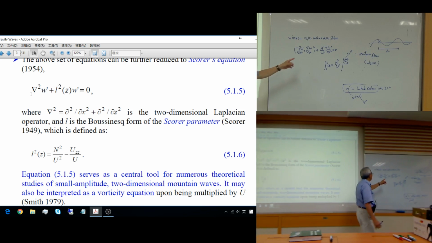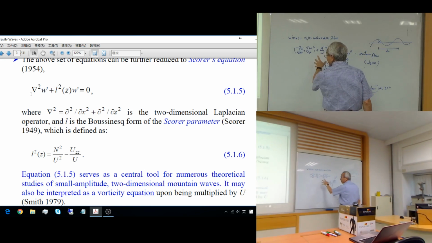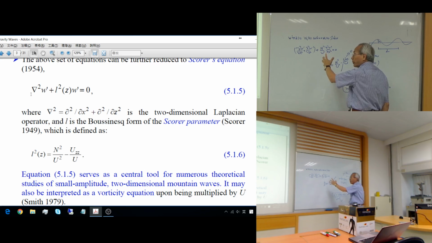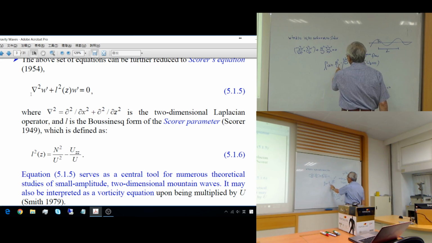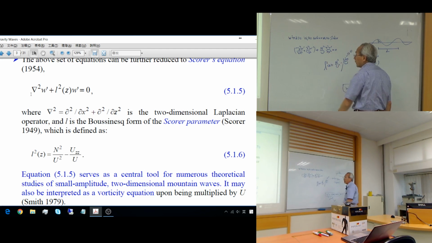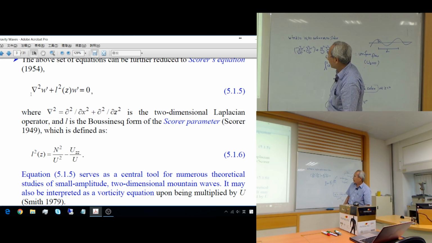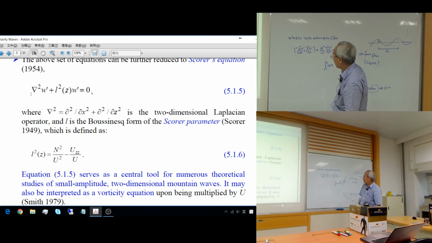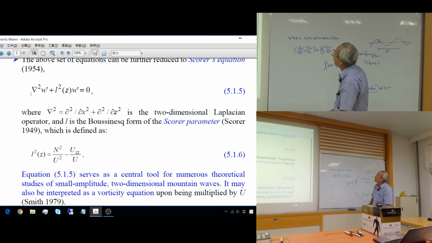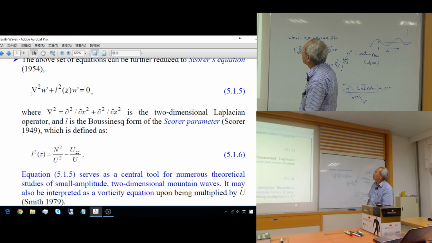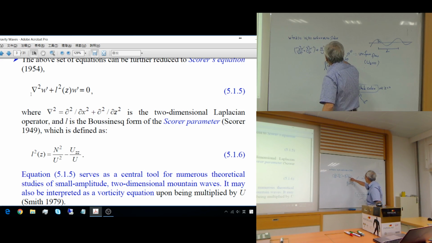Then we assume N and U are constant for this particular simple problem. So then this becomes N square over U square. So, okay, I'm correct here. So then, oh, we don't have the second derivative in x square here.